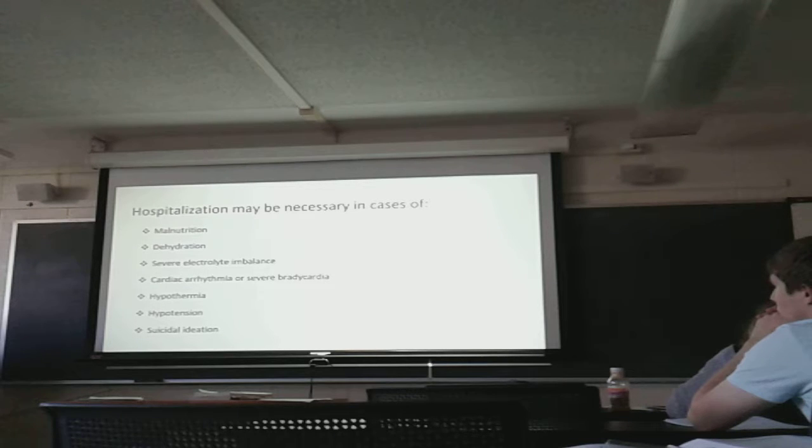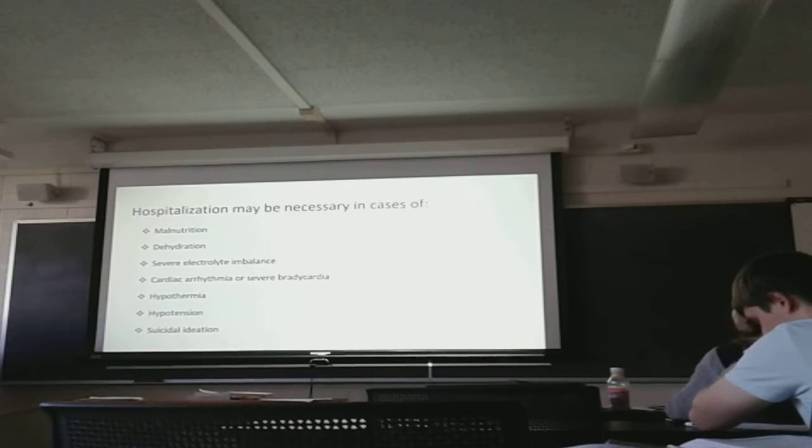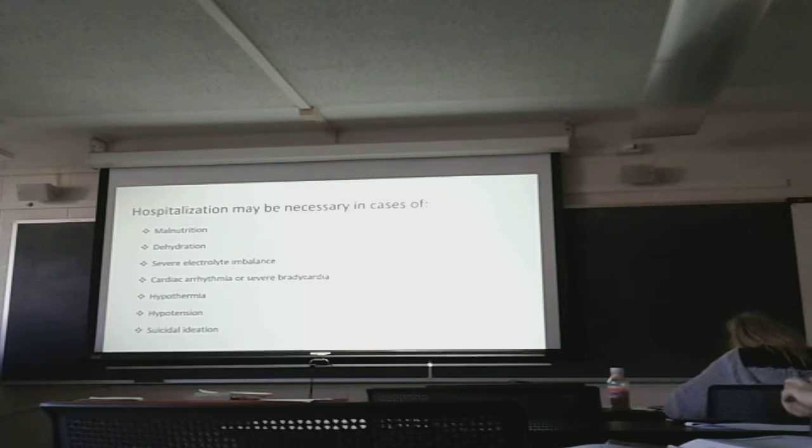Hospitalization may be necessary in certain cases. Malnutrition, especially when it's 20% below expected height and weight, is recommended for inpatient, but 30% below expected height and weight is more long-term.